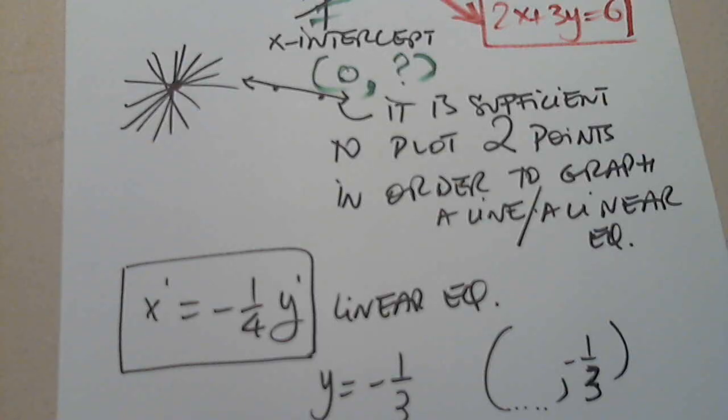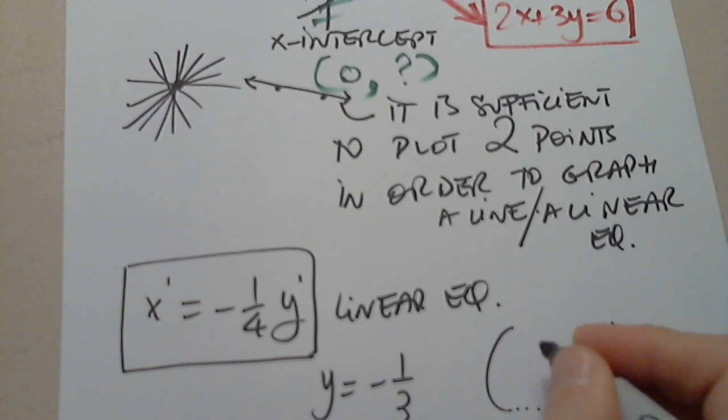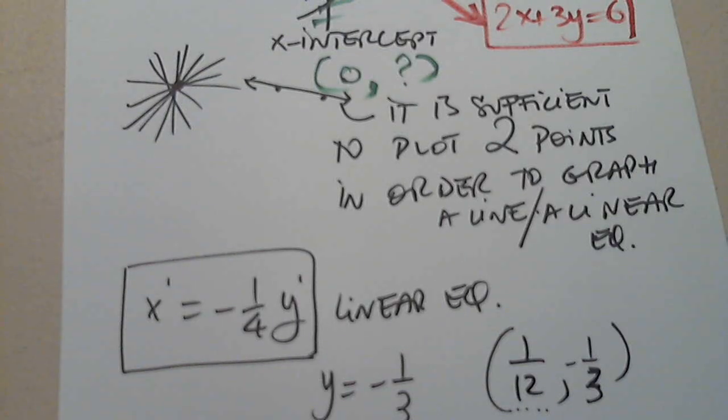How do we multiply two fractions? Alan, will you tell us what is the product of 1/4 times 1/3? Very good. That's 1/12. So this is 1/12. Very good. Any questions on this?